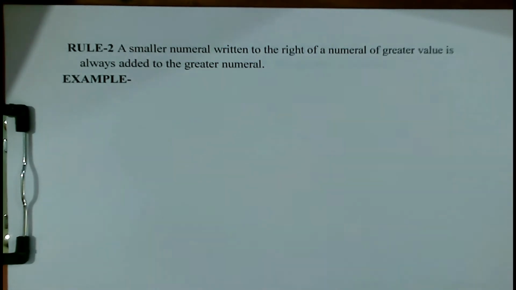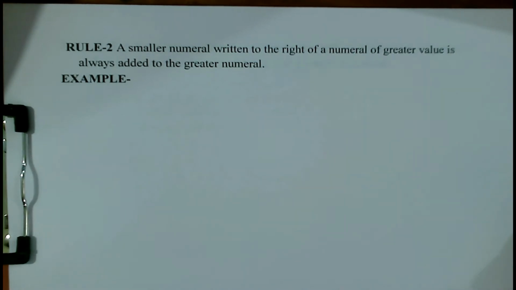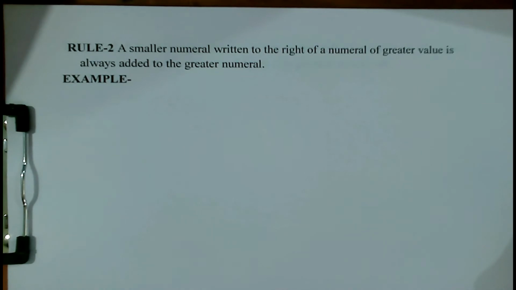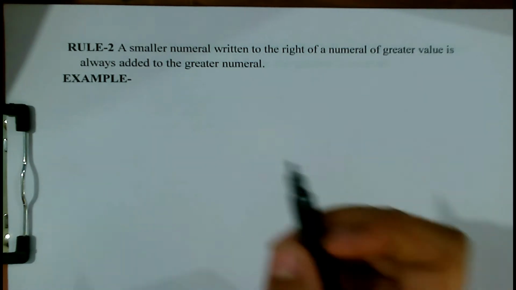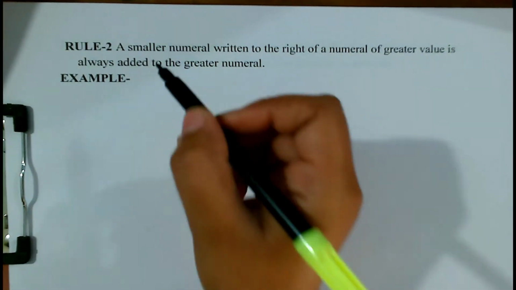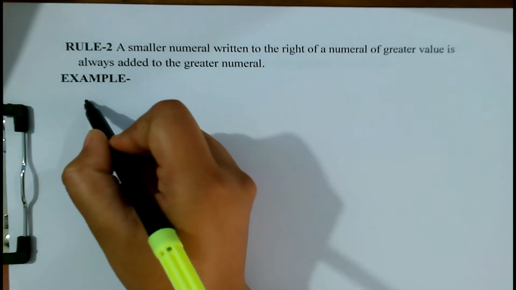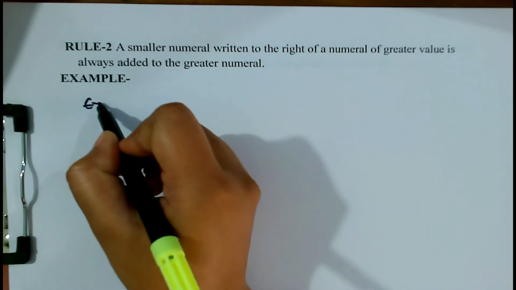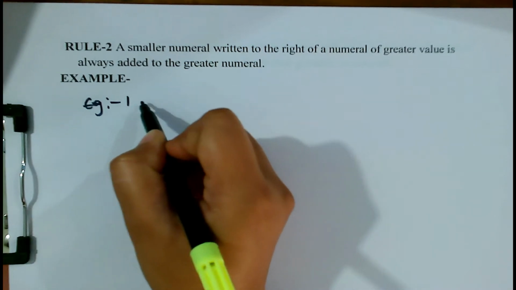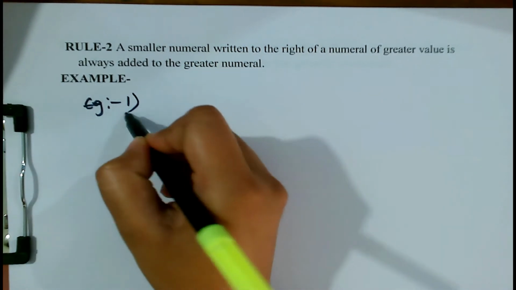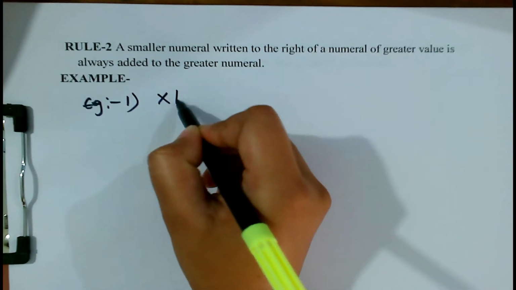Rule number 2 says a smaller numeral written to the right of a numeral of greater value is always added to the greater numeral. Let's do it with an example. Example 1: XII.